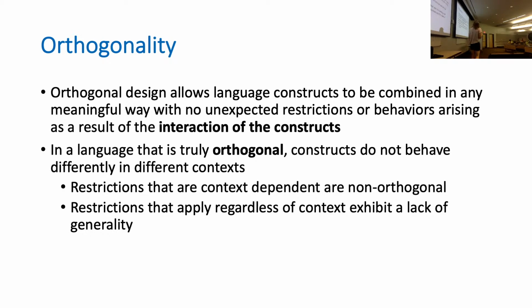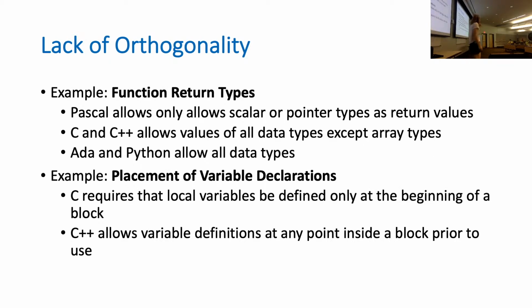Restrictions that are context-dependent are non-orthogonal, and restrictions that apply regardless of context exhibit a lack of being general, right? Because it's just either you have a restriction based on context and it's non-orthogonal, or you have a restriction that is always there and it's not general. Again, these things sometimes are in competition with each other. So an example of orthogonality is function return types.